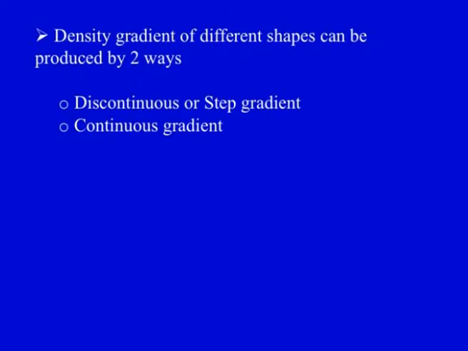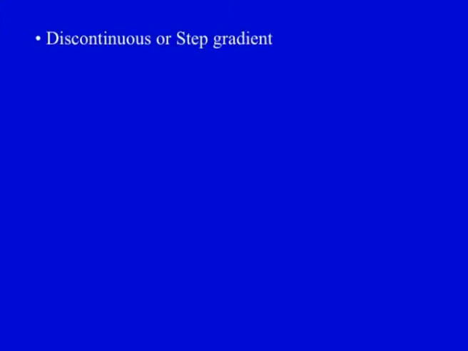Density gradients of different shapes can be produced, and like we were discussing, it could be a discontinuous or step gradient, or a continuous gradient. A discontinuous or step gradient is made by the overlayering method.